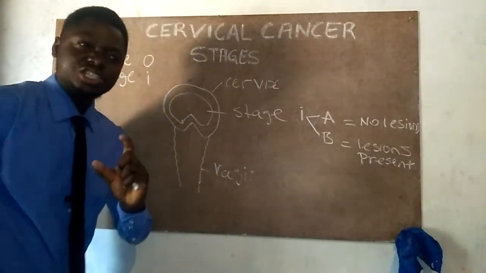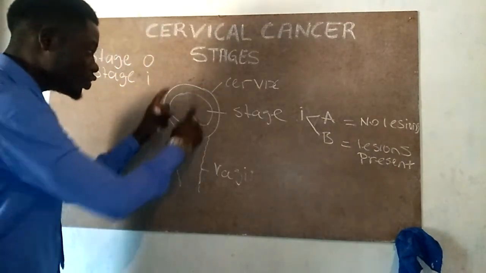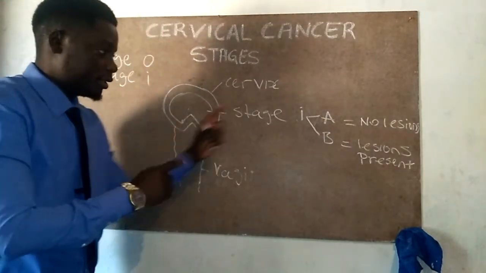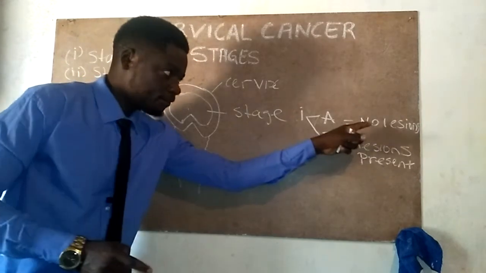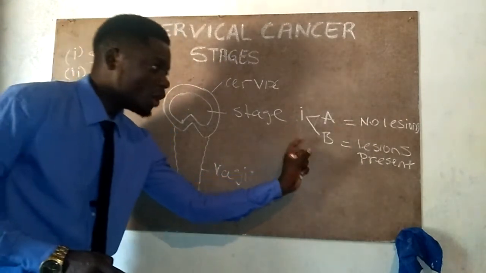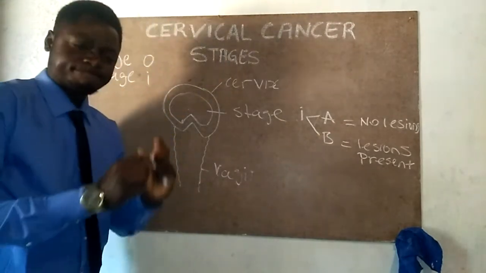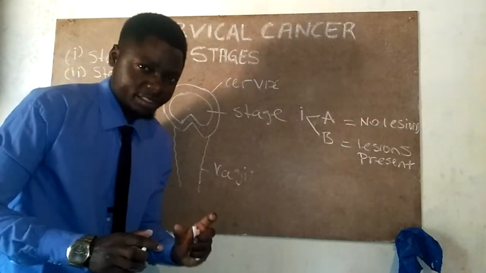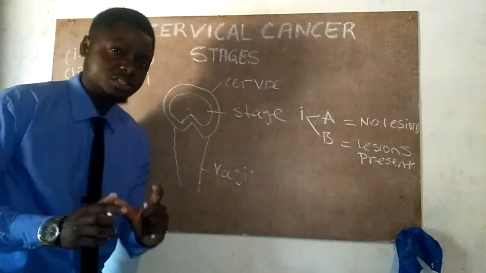That's stage 1B, still on top of the cervix. Stage 1A, no lesions, but the cancer has invaded. Stage 1B, there are lesions, the cancer has invaded. That's what stage 1 is all about.